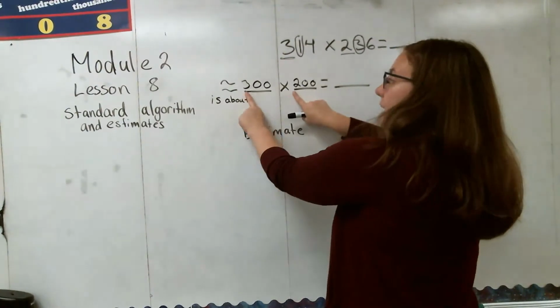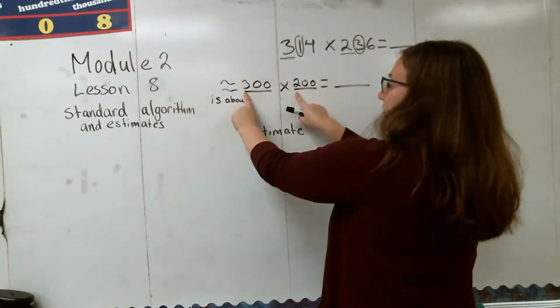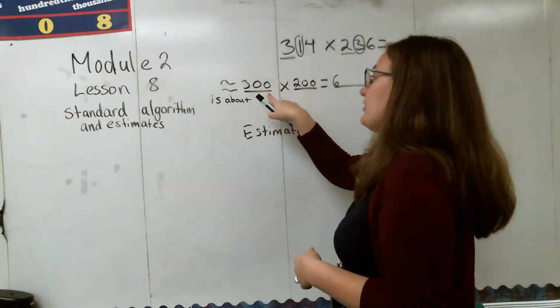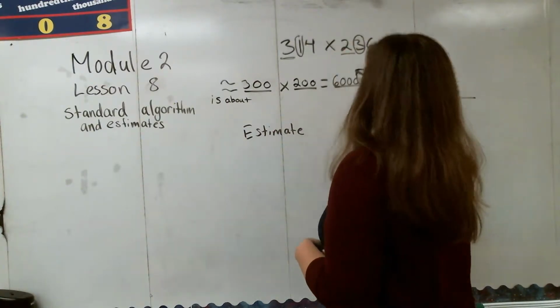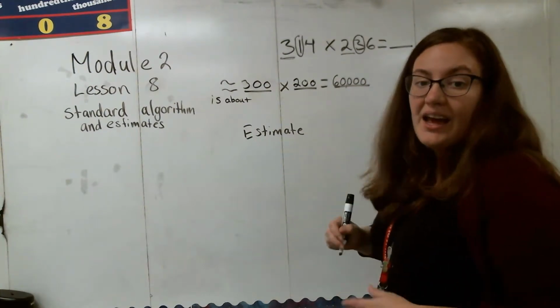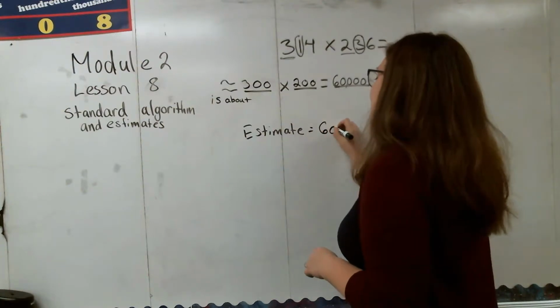Remember, this is one of those problems where I can just look at the digits that are not zeros. So 3 times 2 is 6. And then I'll add my zeros on. So I have 1, 2, 3, and 4. And it looks like my answer is going to be about 60,000. So my estimate is 60,000.